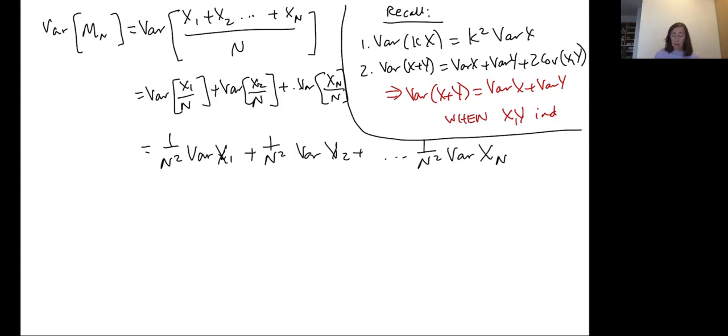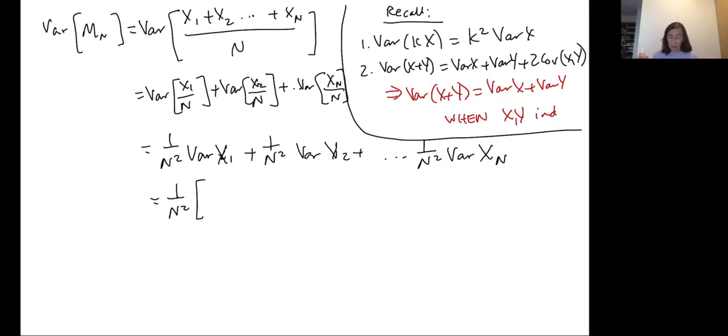Okay, so two things to do. One, I'm going to factor out all these n squared terms, so that's 1 over n squared. And then I'm going to remind myself how we talk about the variance of x1, the variance of x2, the variance of xn.